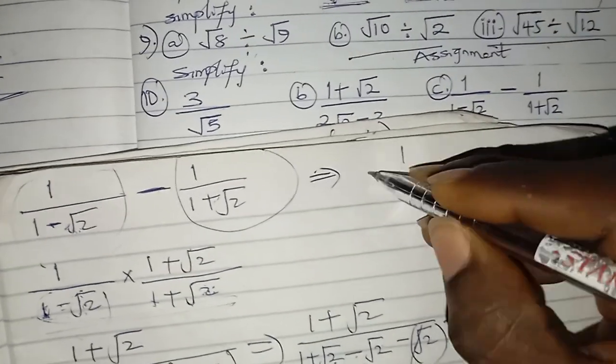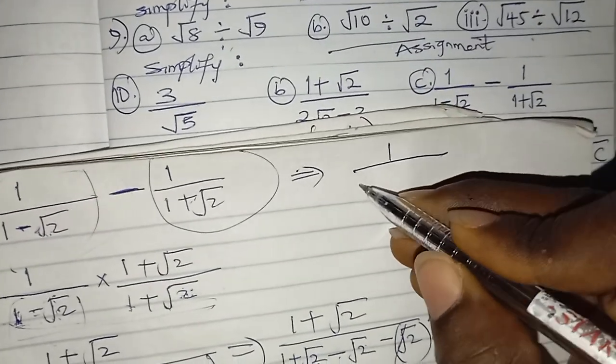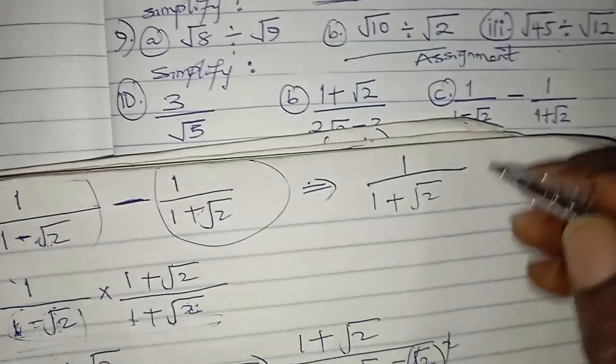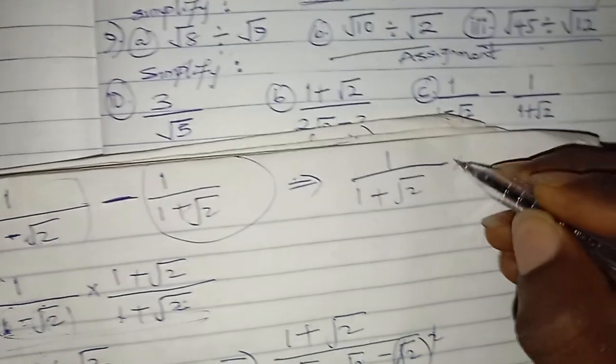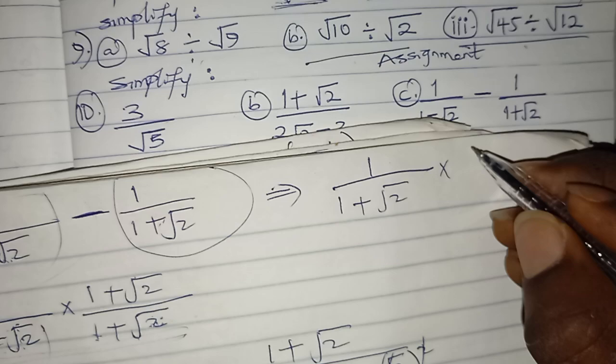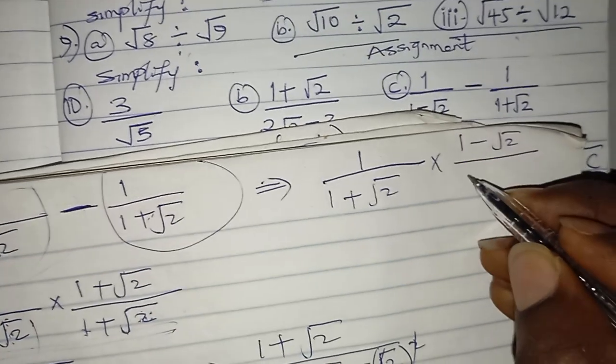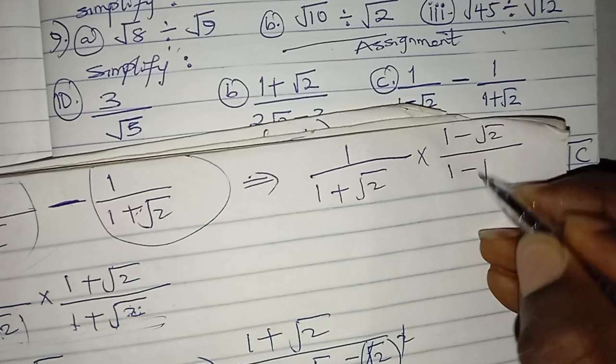So I will now have 1 over 1 plus root 2 times 1 minus root 2, rationalization and conjugate.